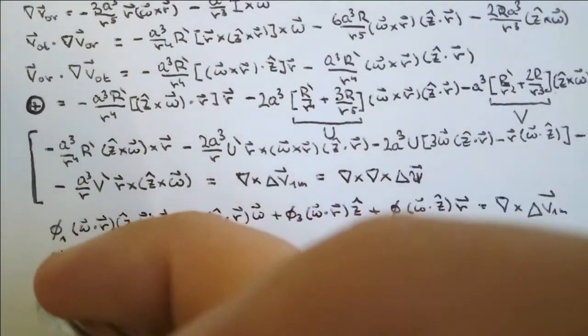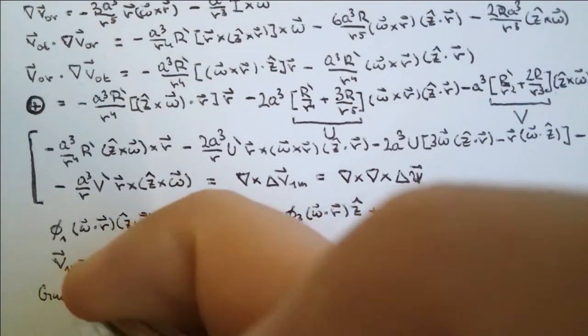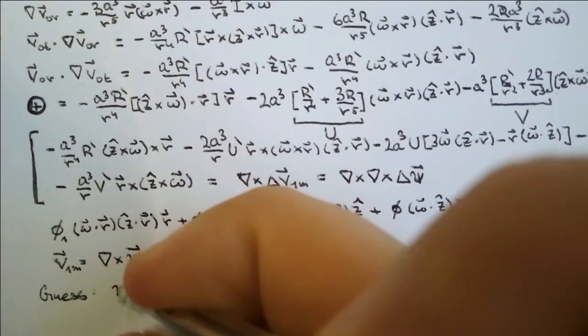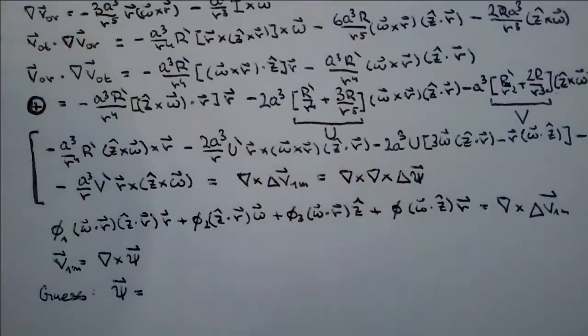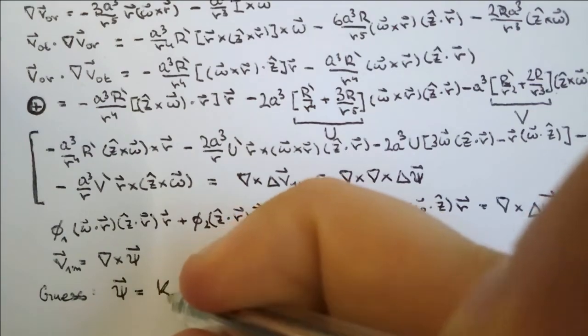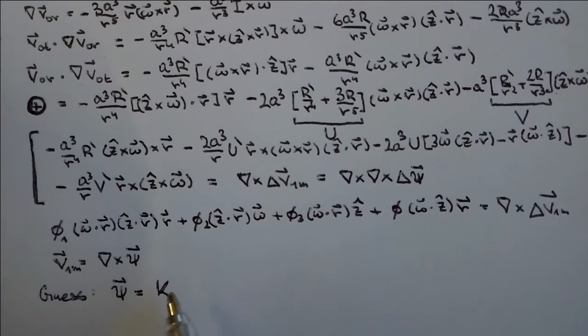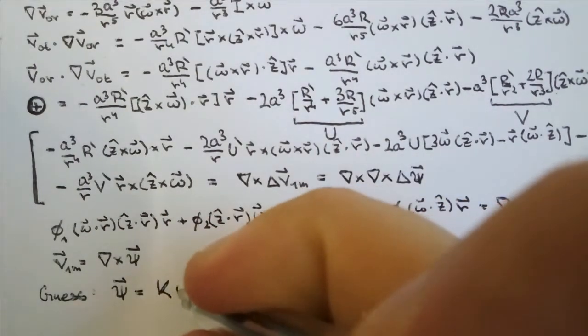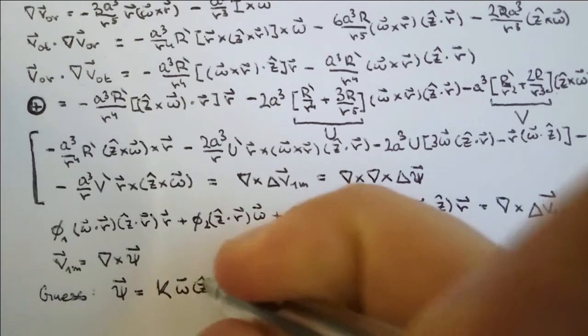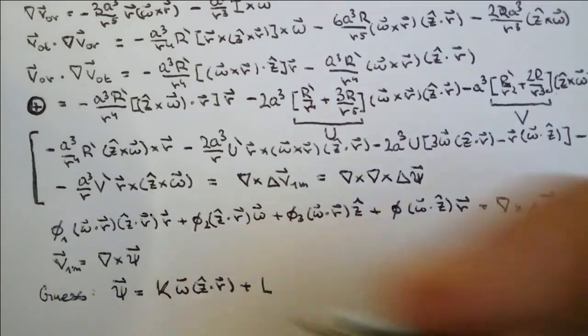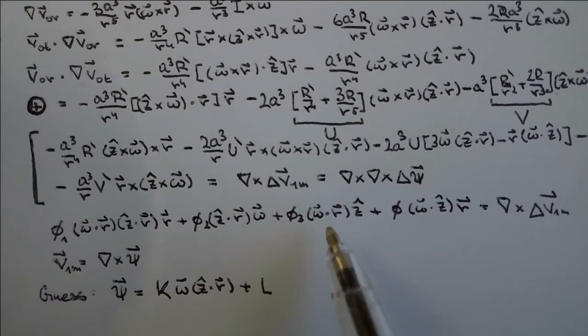So our guess is psi is equal to k, some function, times the first vector, which is omega times z hat dot r, plus L and the second vector.